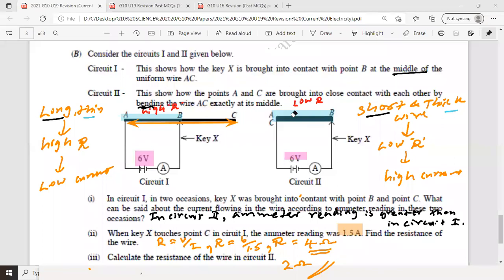Yes, sir. In question number 1, they are asking the ammeter reading when the key X touches point B and point C, right? So they are not asking to compare the two circuits.